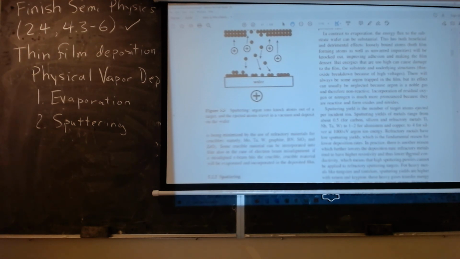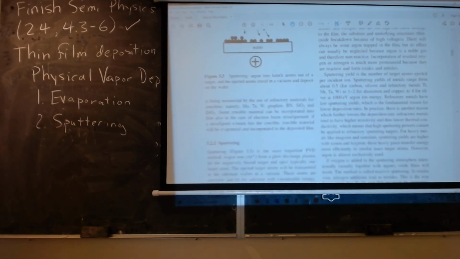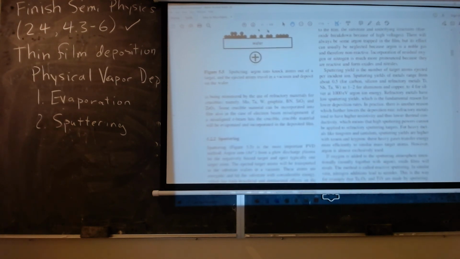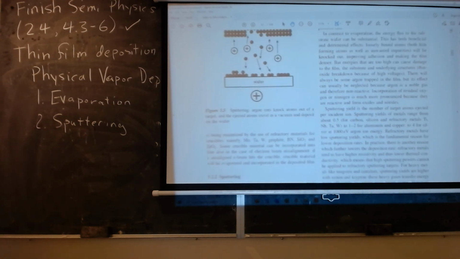So I guess he doesn't really do it nicely here, but I think generally sputtering can give you a denser, more adherent thin film, but at the cost of taking a longer time, basically.